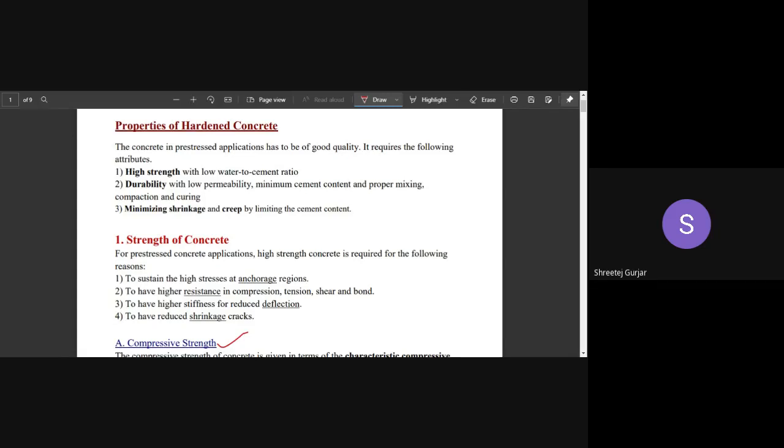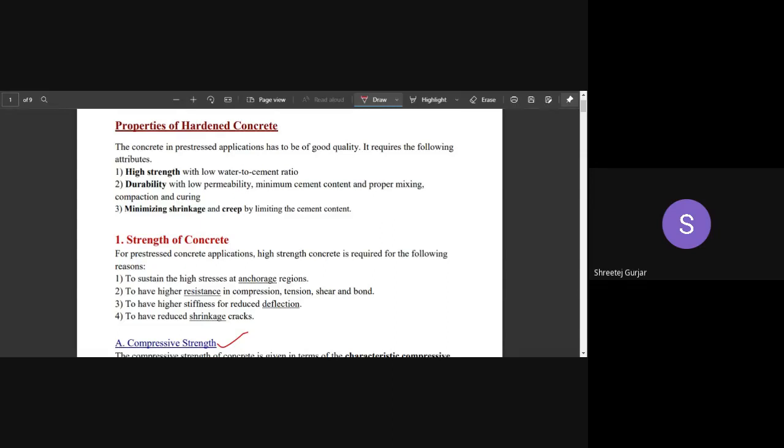Along with this, we have studied the four systems of post tensioning, that is Freyssinet system, then Magnel-Blaton system, then Gifford-Udall system, and Lee-McCall system.